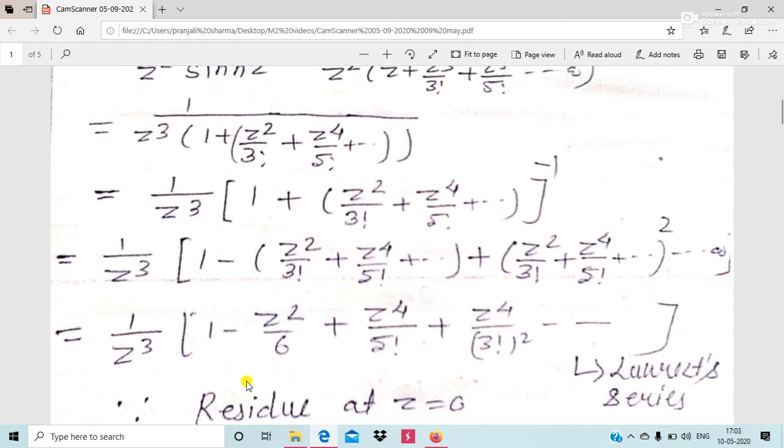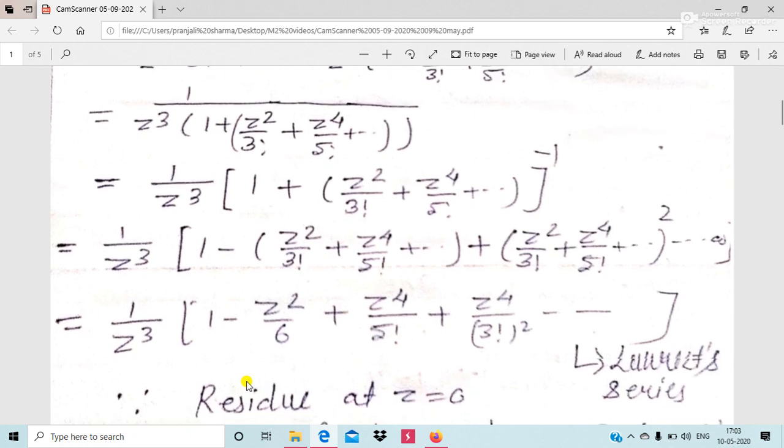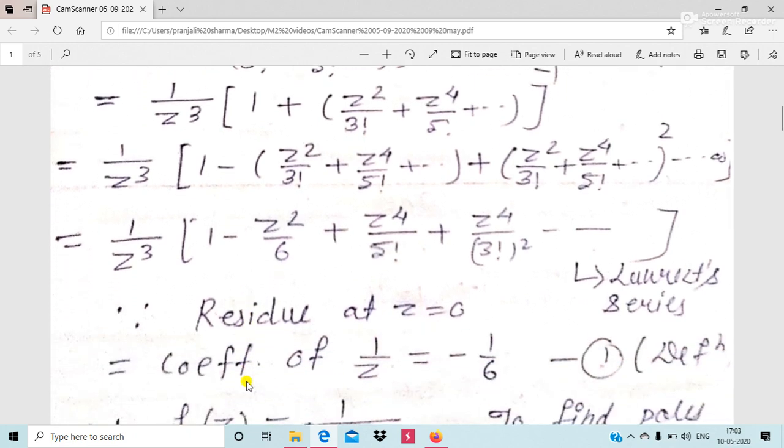Now further we have to evaluate the integral, therefore we have to calculate the residue. By the definition of residue, we know that the residue at z = a is the coefficient of 1 upon z minus a. Therefore the residue at z = 0 will be the coefficient of 1 upon z, and if we open the bracket, the coefficient of 1 by z will be minus 1 by 6. So this is the residue at z = 0.